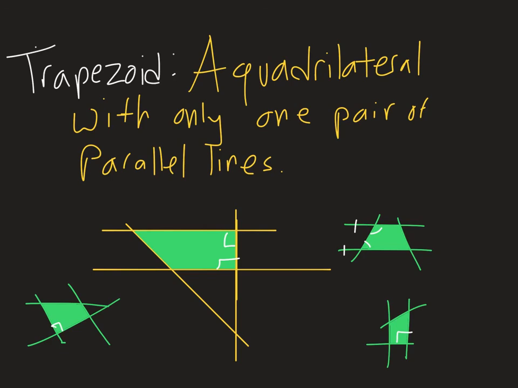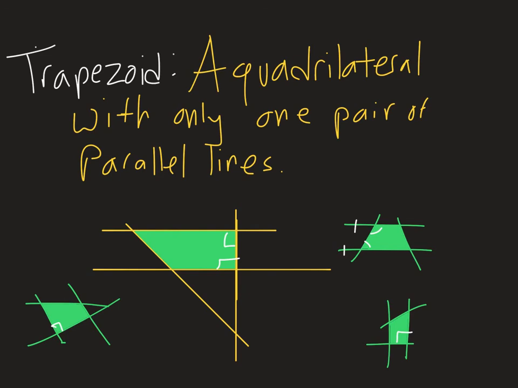So, how do we tell shapes apart? Well, our squares and rectangles have two sets of parallel lines that have square corners. Parallel lines will never touch. Our parallelograms have two sets of parallel lines, but their corners aren't square.